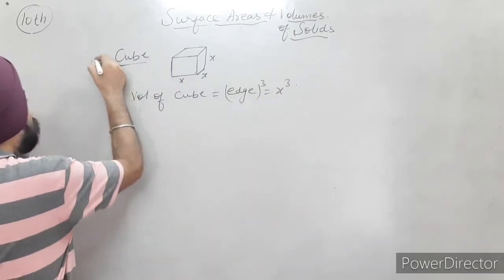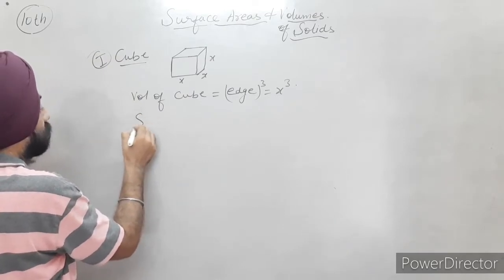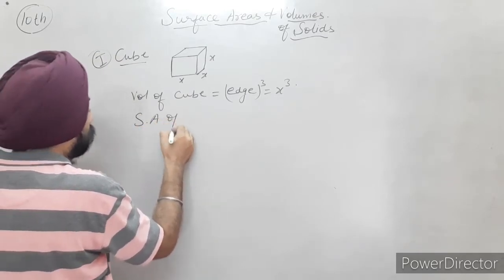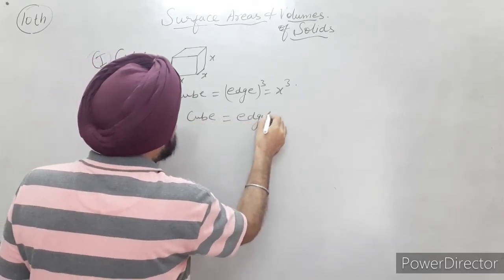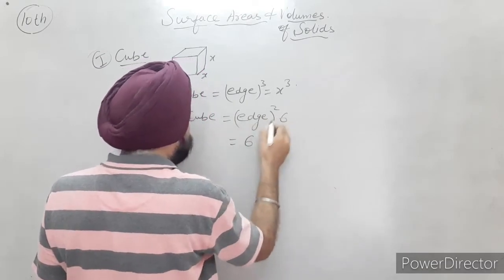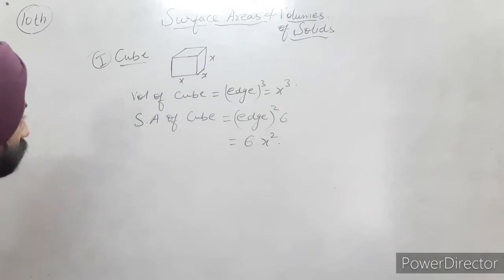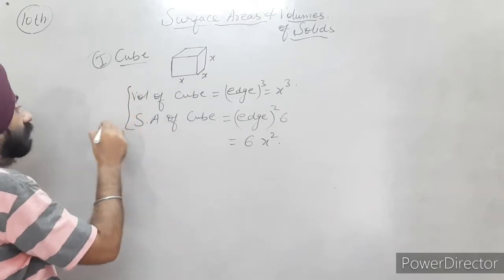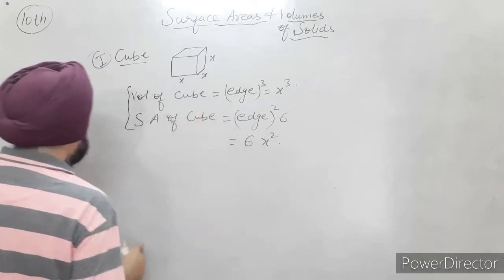This is the first solid I will discuss, the cube. Now, surface area of cube, that is h square into 6, that is 6 into h square. Let this be 6 into x square, right? These are the two formulas of cube, volume of the cube and surface area of the cube.